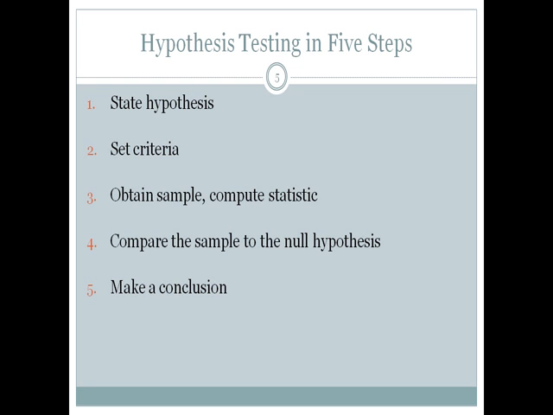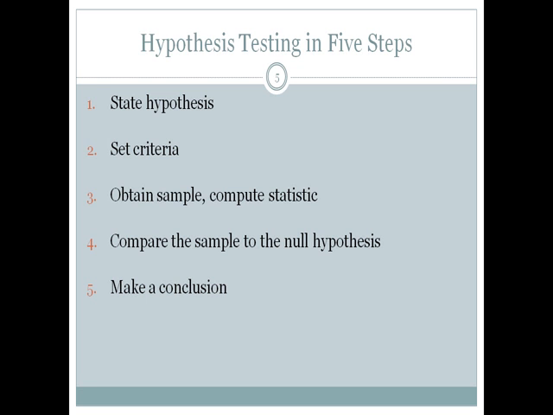But what you would consider good evidence that your hypothesis was shown to be true or not. Step 3 is to obtain the sample that you're interested in and compute a test statistic based on that sample. The first few examples will be computing the t-statistic through several different techniques. Then later on we'll use other statistics.